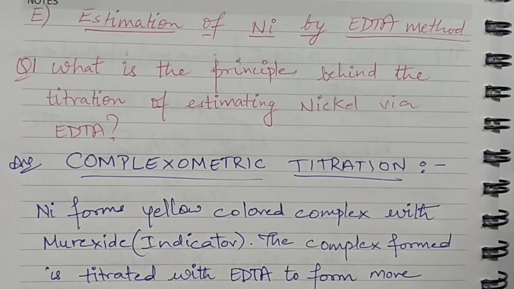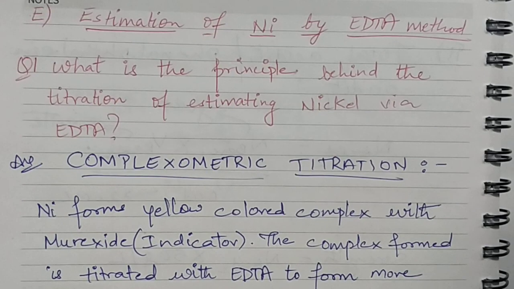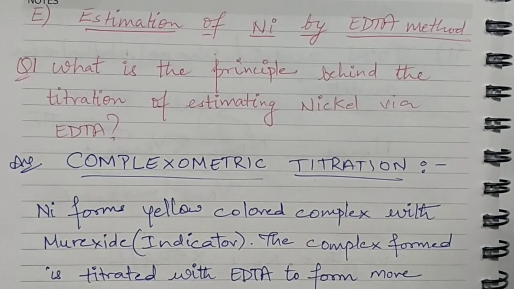Okay class, so the first question for this type of titration is, what is the principle behind the titration? As we discuss always, what is the principle behind what we are doing? The principle behind this titration is complexometric titration that you have studied in that experiment also.